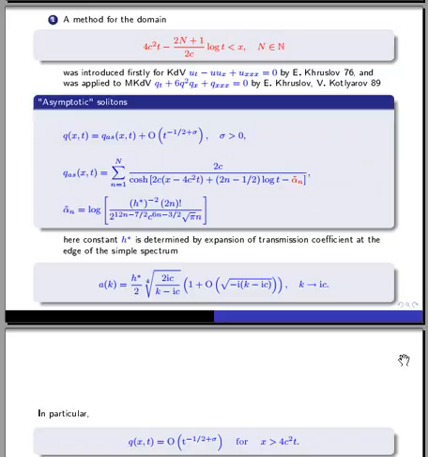In its turn, this paper by Khruslov was motivated by the previous work of Gurevich and Pitaevsky, who showed that for step-like Korteweg-de-Vries equation, there must be a train of some soliton-like oscillations which are gathering, which are concentrated in the vicinity of the leading edge.